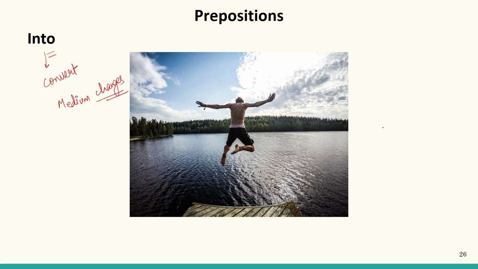When something is converting from one medium to another, we can see the conversion, we can see the transformation. We use into. For example, if we see this boy or this man, he is jumping from this position to in position. So it is actually the movement which is being shown.